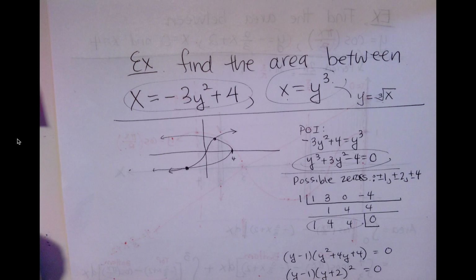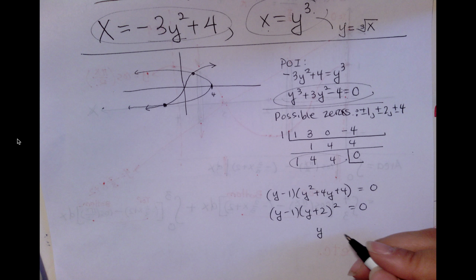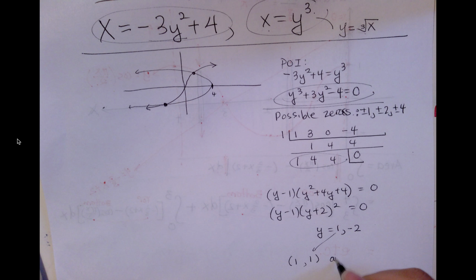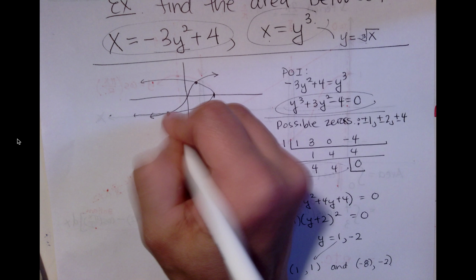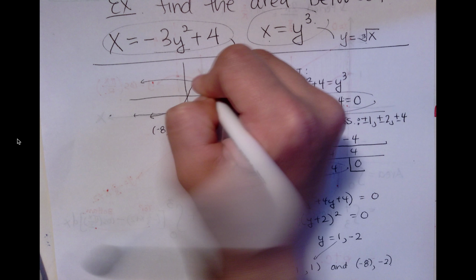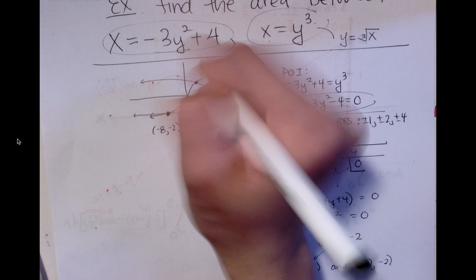So I know that the points of intersection will occur when y is 1 and y is negative 2. When y is 1, my x coordinate will also be 1, and when y is negative 2, my x coordinate will be negative 8. So this point here is (-8, -2), and this point over here is (1, 1).